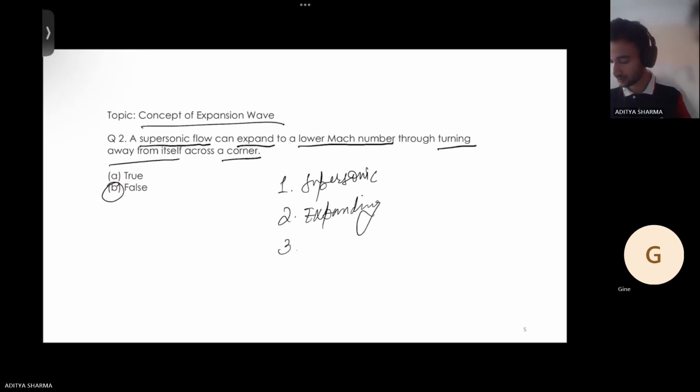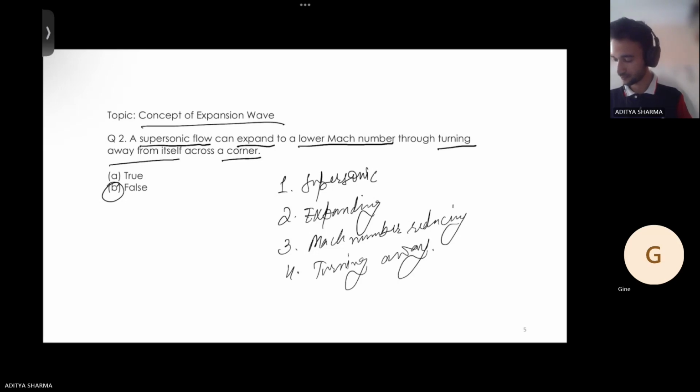Then the Mach number is reducing. Then turning away across a corner.